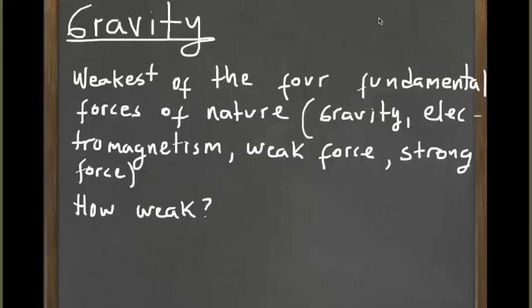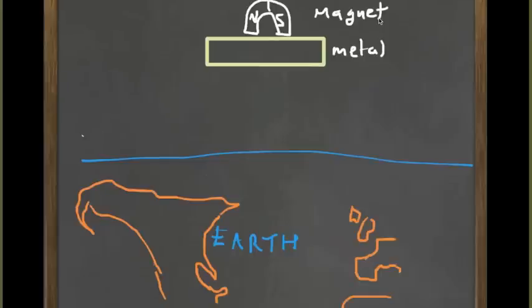Now when we say that gravity is the weakest of the four fundamental forces, to understand how weak, let's take a look at this. We have a magnet that we're using to hold a piece of metal in place. So clearly this is happening near the surface of the earth, and the piece of metal is going to experience two forces. One is the force of gravity, the other one is the force due to the magnet.